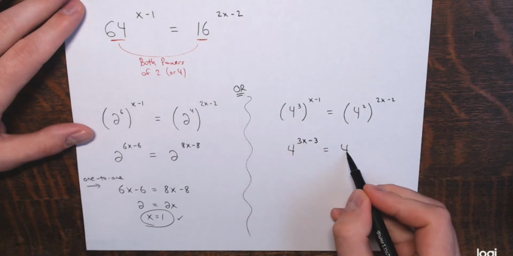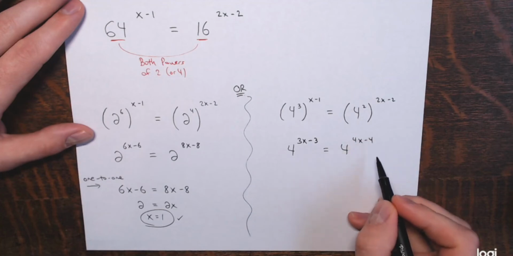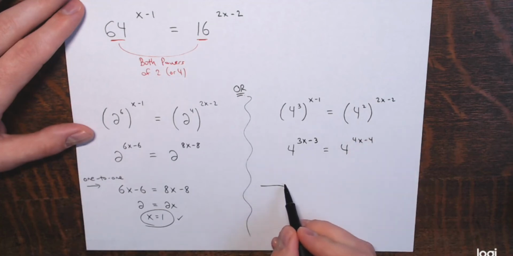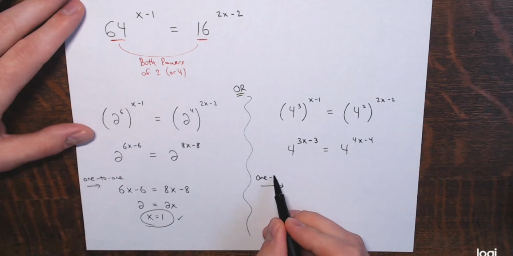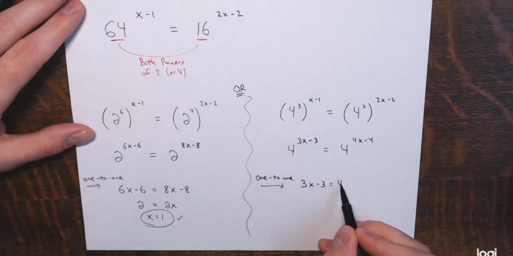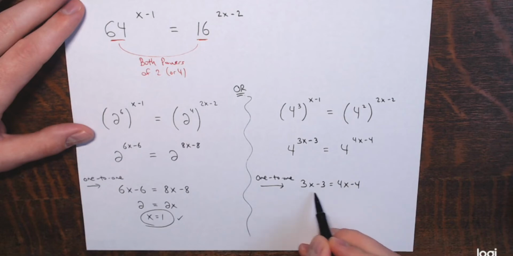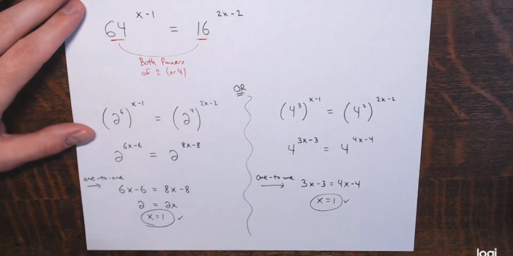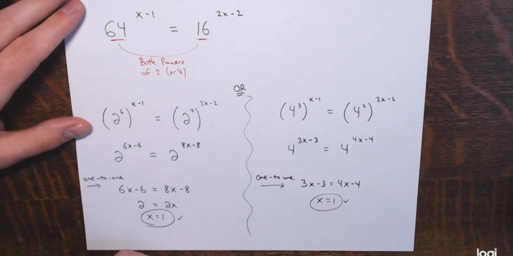This will be 4 to the 4x minus 4 on the right. And then I can apply that one-to-one property and say 3x minus 3 must be equal to 4x minus 4, so x must be 1. I just add 3x, subtract 3x and add 4, and get the same solution. It really doesn't matter which way you do it.